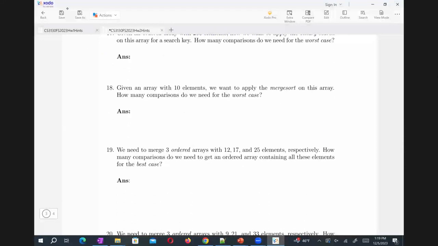So here I need to show you how to work on these questions. Let me work on one with n equals 12, which is larger than this one. Then you do the same way on 10.